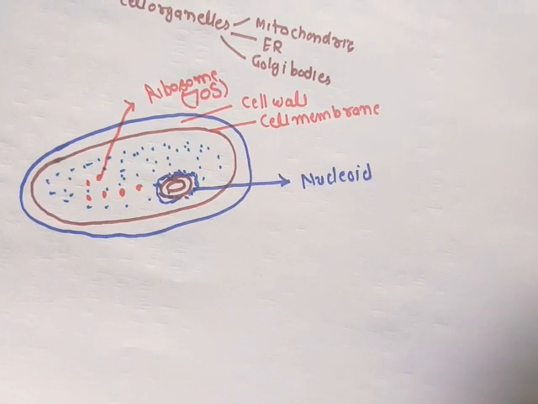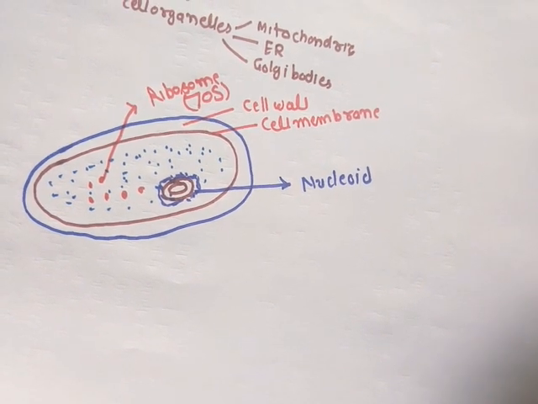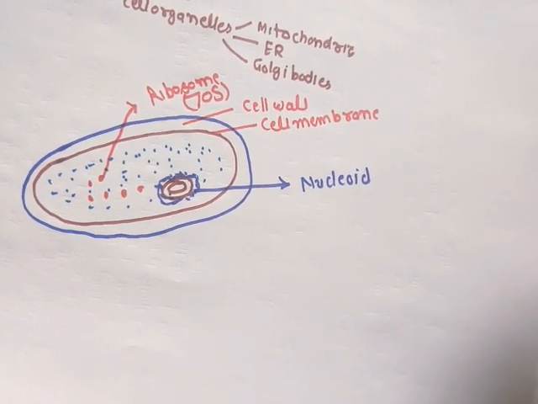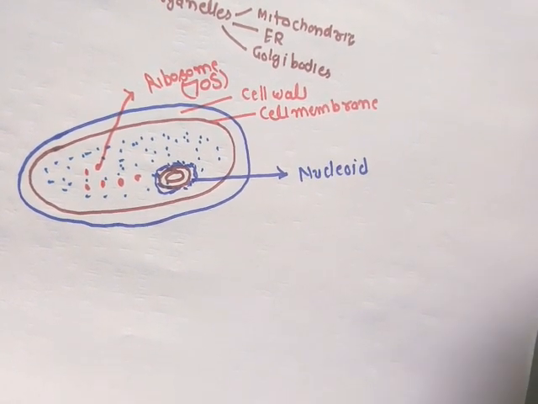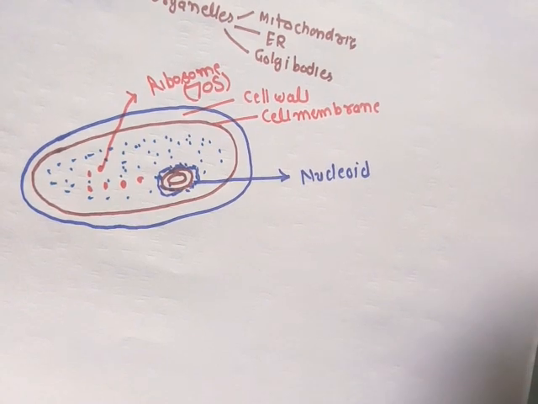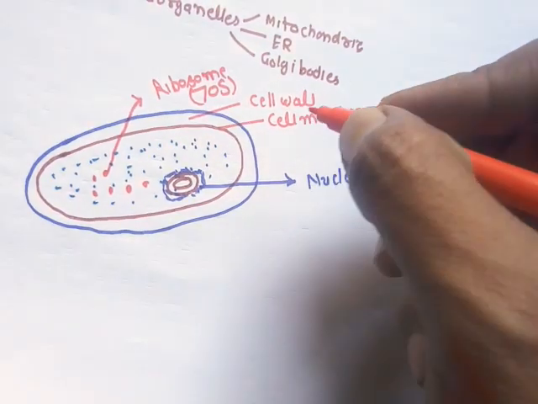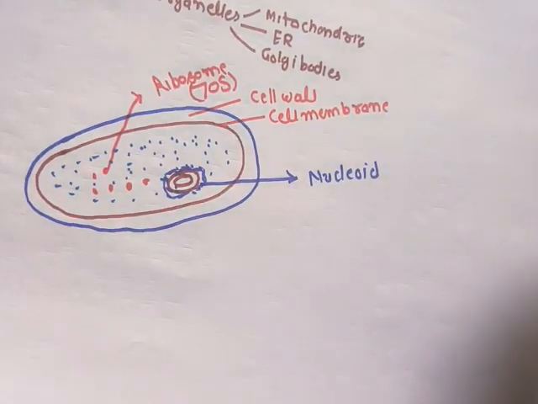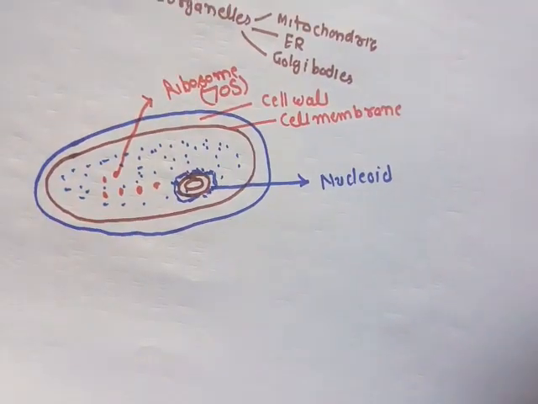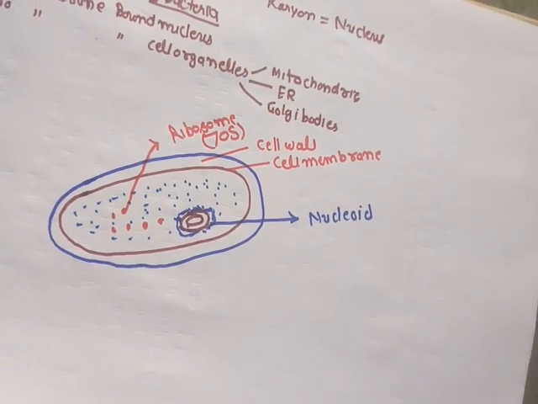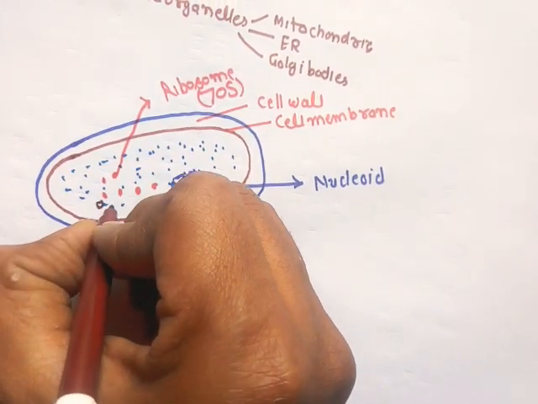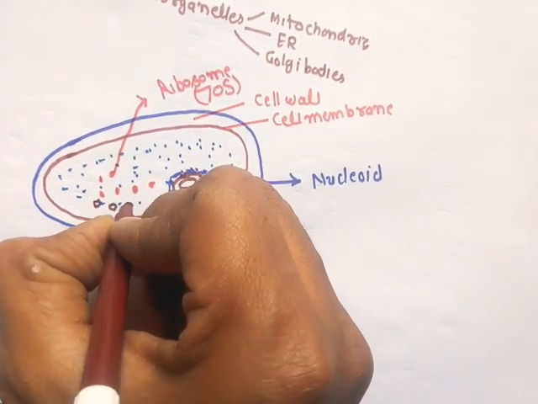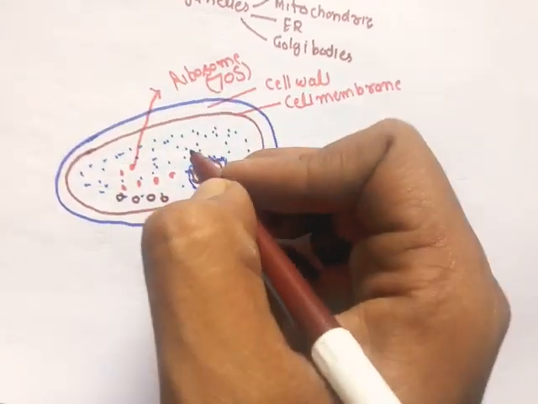S represents the sedimentation coefficient. When we perform centrifugation, the ribosomes that settle down at 70 are 70S, and those that settle down at 80 are the 80S ribosomes. So prokaryotes have 70S ribosomes that are freely distributed in the cytoplasm. Besides the ribosomes, the cytoplasm also has very small circular DNA molecules, which are not part of the bacterial chromosome.